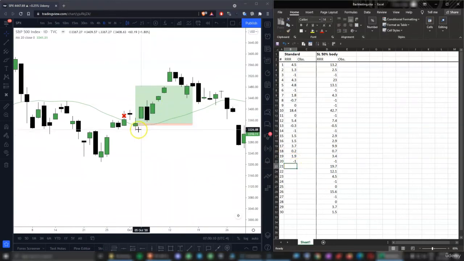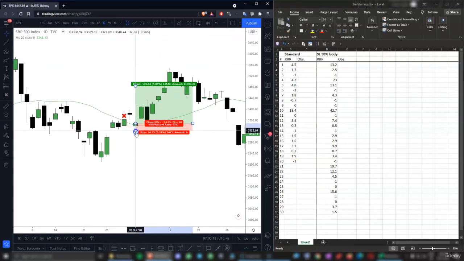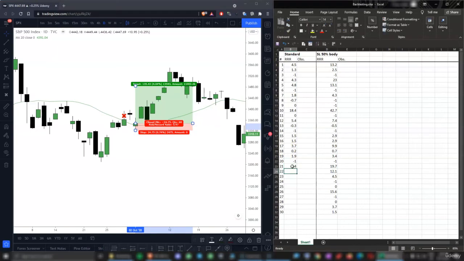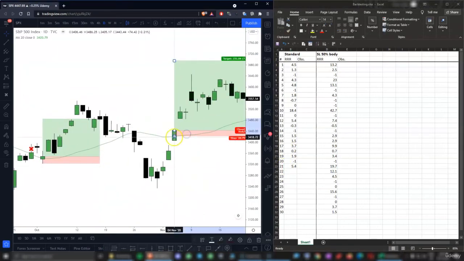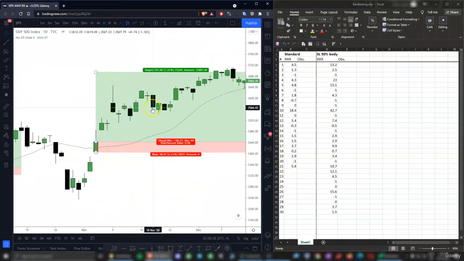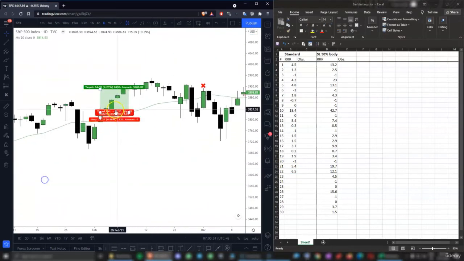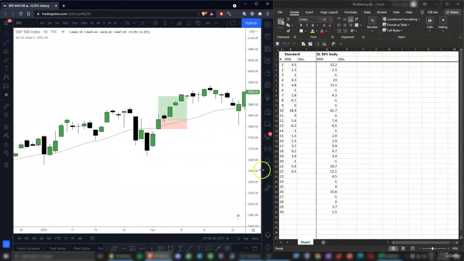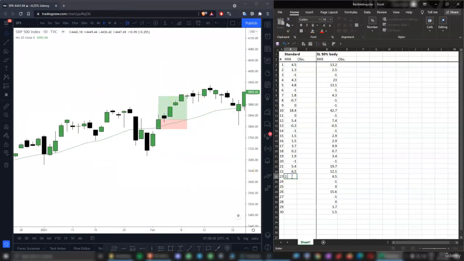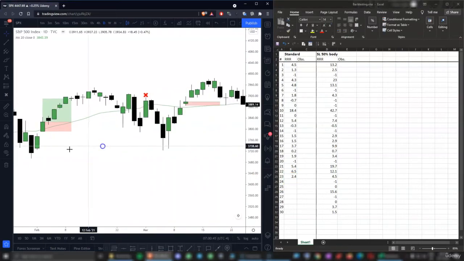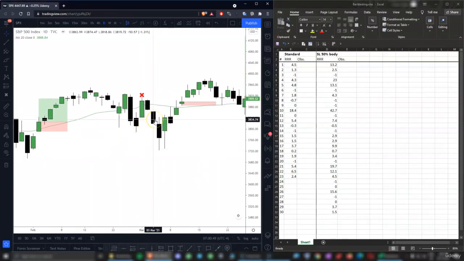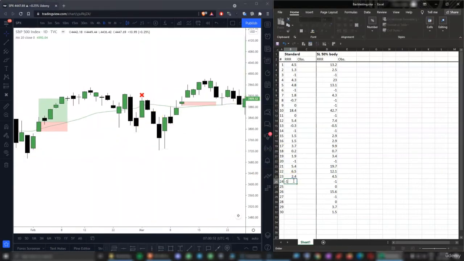And the next one, 5.4. 6.5. 2.4. Then we have a loss, -1.